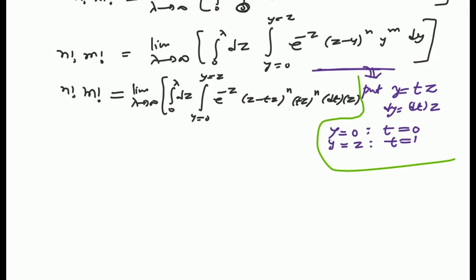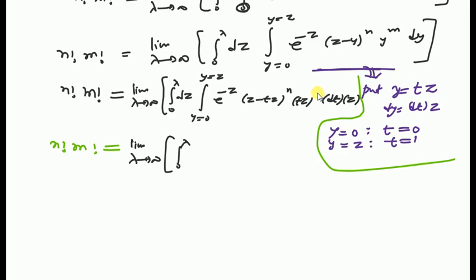Now n factorial m factorial will be equal to the right hand side, the limit as lambda tends to infinity of the integral from 0 to lambda. See the count here, z power n will come, and here also z power n is there, but in place of y it will be m here.